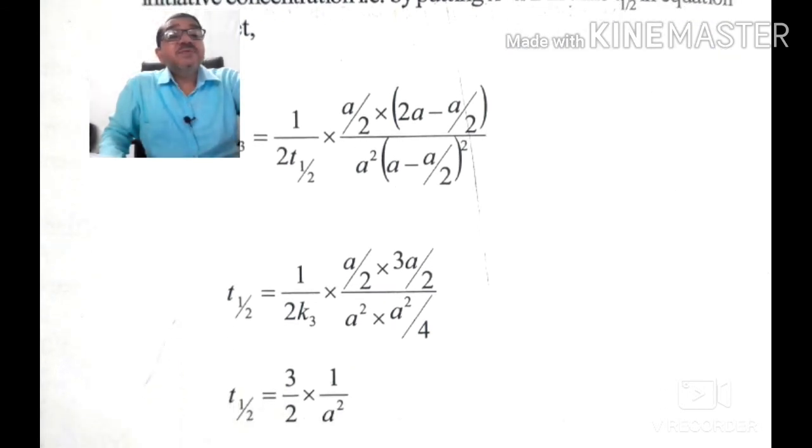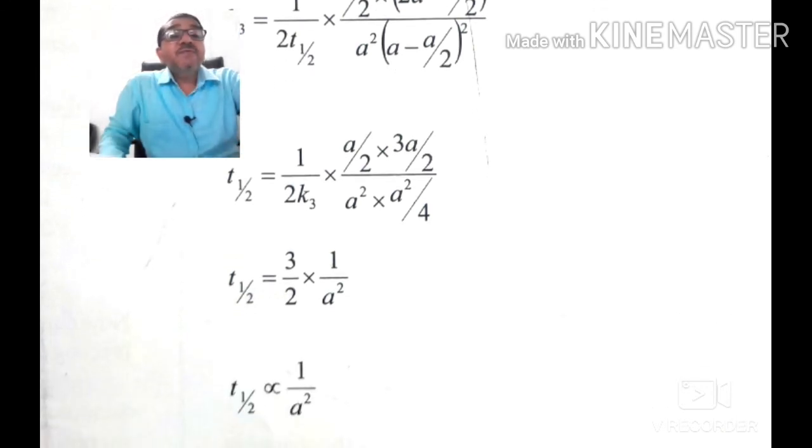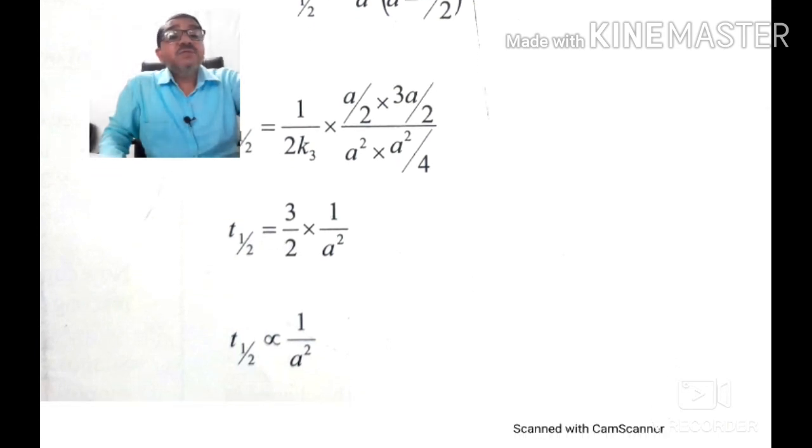So t half is equal to 1 upon 2k3 into (a by 2) into (3a by 2), over a square into a square by 4. t half is equal to 3 by 2 k3 into 1 upon a square. So t half is directly proportional to 1 upon a square.